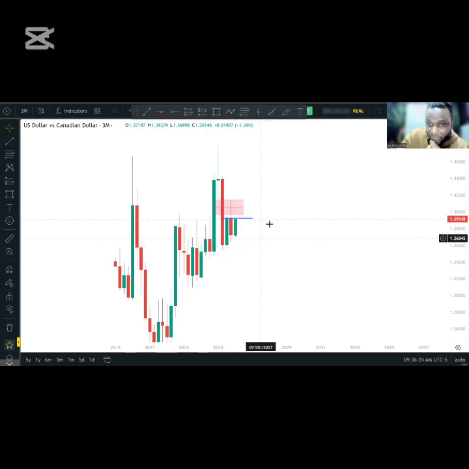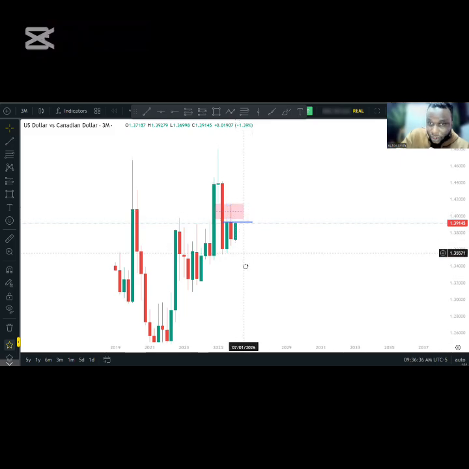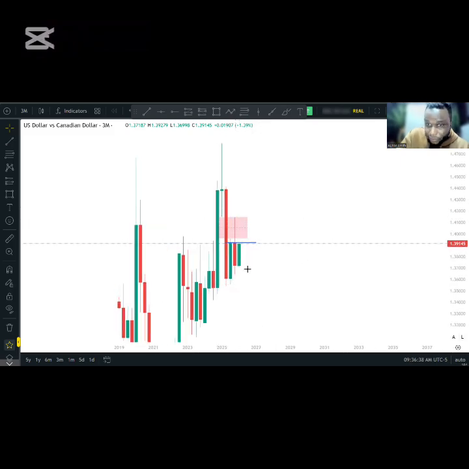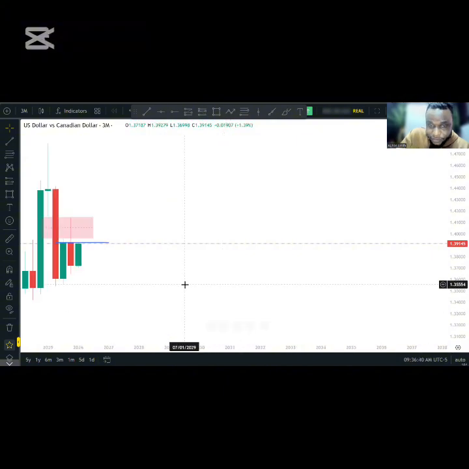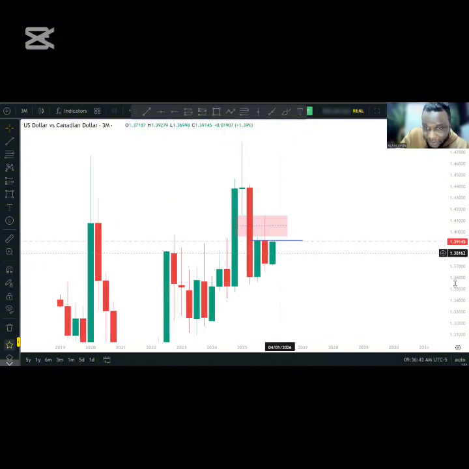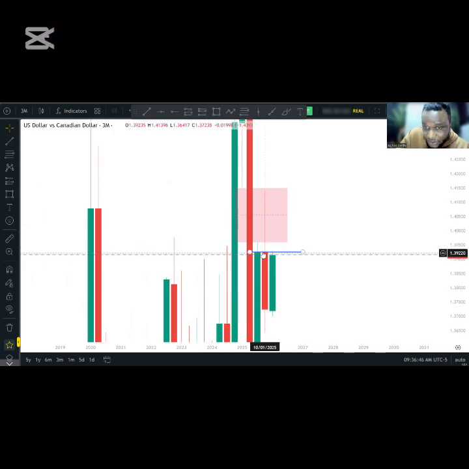So for now, we are seeing that the market has rejected from this price balance range coinciding with this resistance here. So we know definitely the market is rejecting from here and we are going lower. Plus, we've seen that this bullish move we are seeing now actually came to tap into this newly formed resistance here.